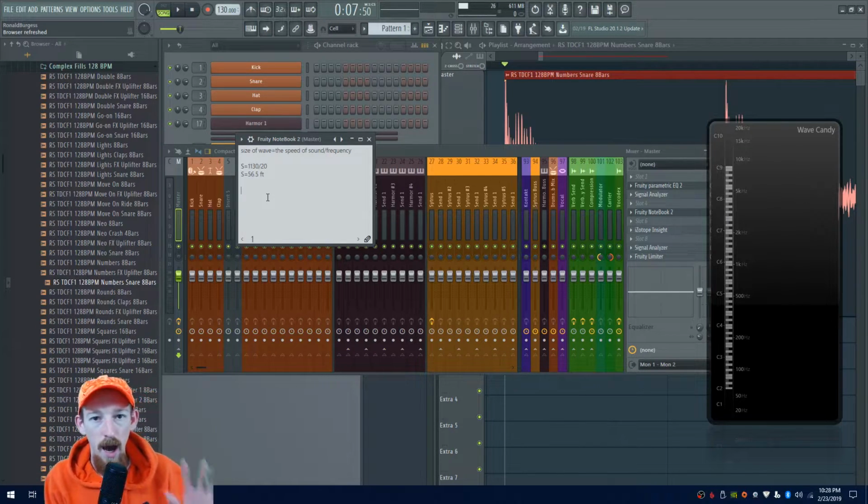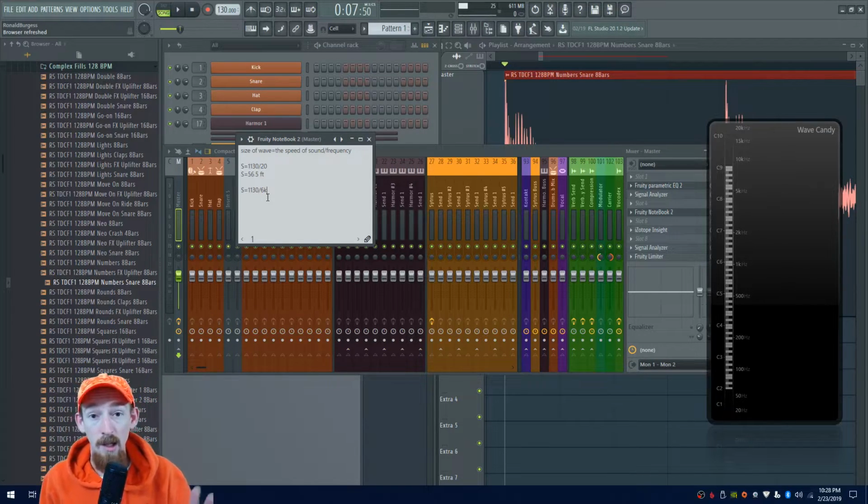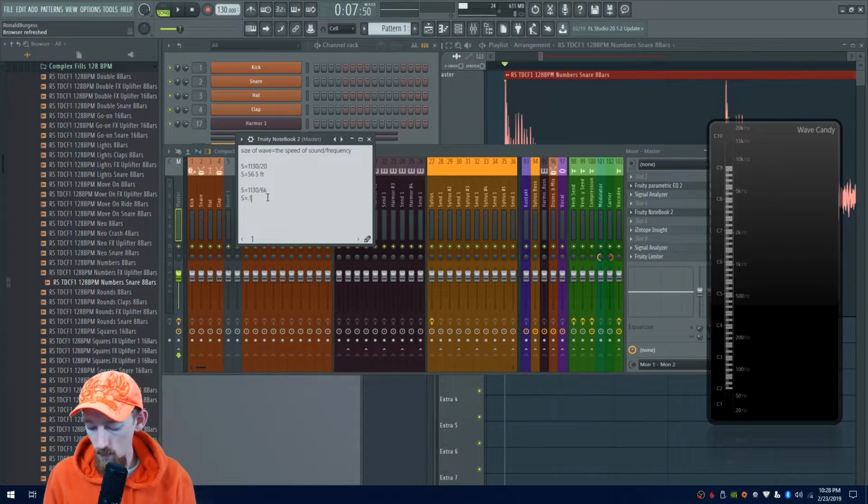This time, let's do one with a higher frequency. Let's say we want to know the size of the waveform of, let's just do 6,000. So we're going to do 6K for short, which is 6,000 hertz. If we do this one, we get S. We need a calculator for this one. This is 1130 divided by 6,000, and we get 0.189.